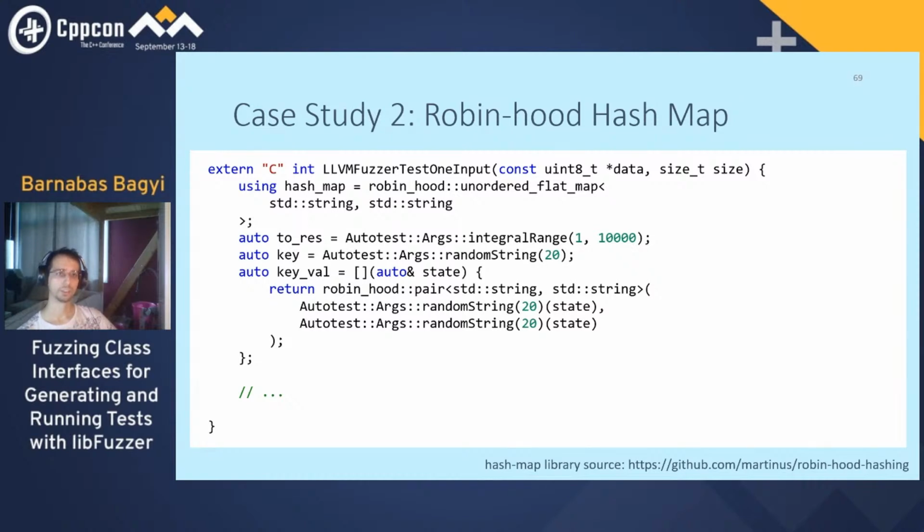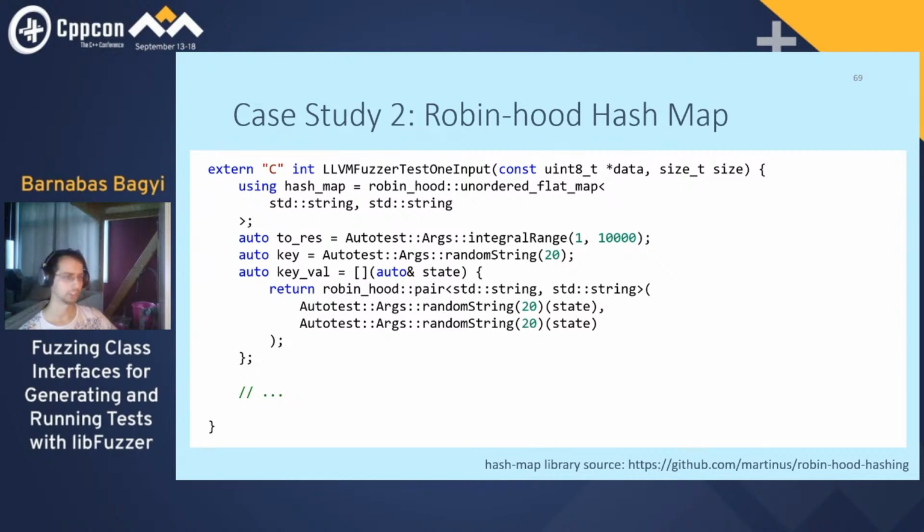The integral range on the right is defined as a function taking the start and the finish of the range and returning a functor taking a fuzz data provider, which will return the actual generated integer that we want to use there. So TORAS is just an argument placeholder, and this stands for everything else in the slide.